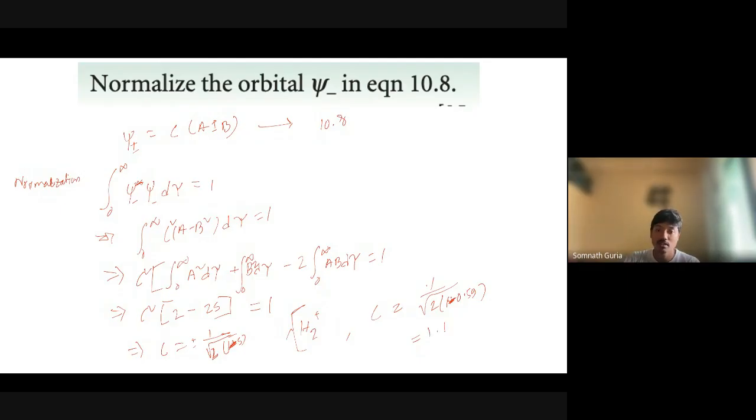So from the negative side, psi minus, this normalization constant is 1.1 for the H2 plus molecule.